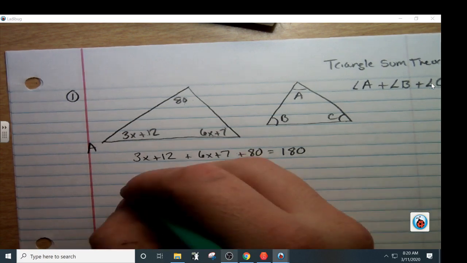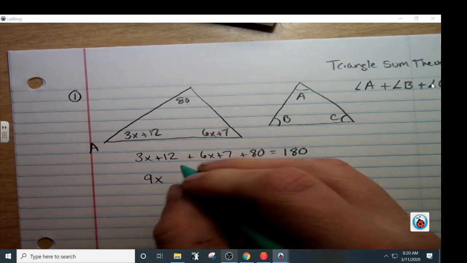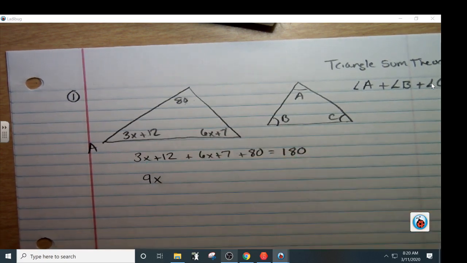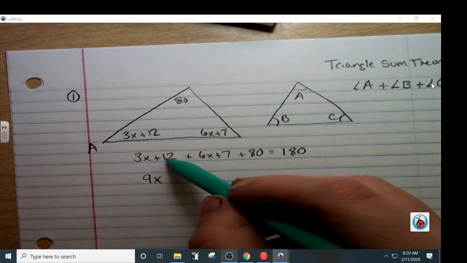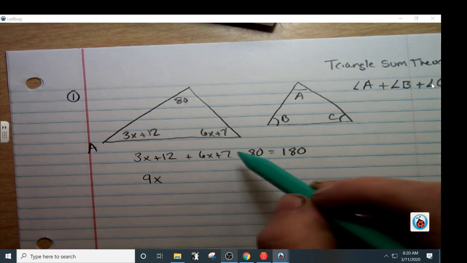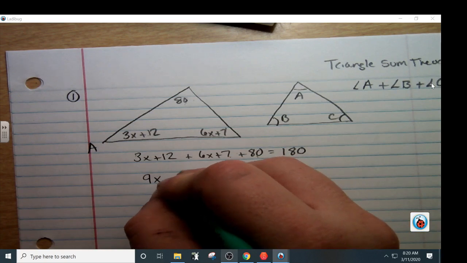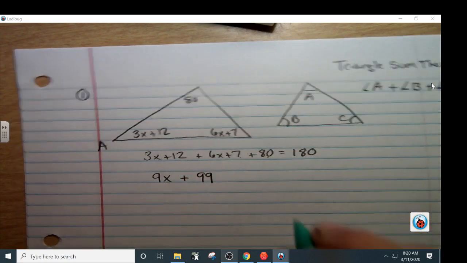Then if you combine your like terms, 3x plus 6x is 9x. 12 plus 7 is 19, plus 80 is 99.